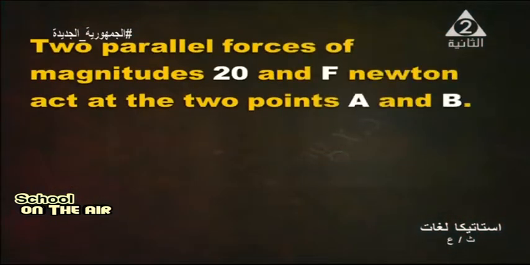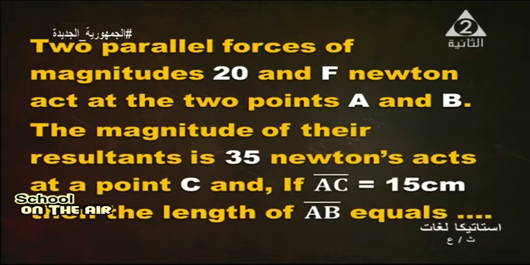Look at another one. Two parallel forces of magnitudes 20 and F Newton act at the two points A and B. The magnitude of their resultant is 35.